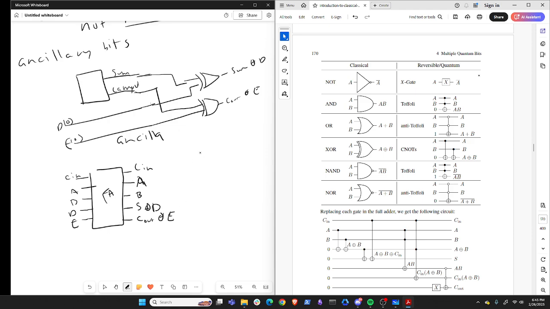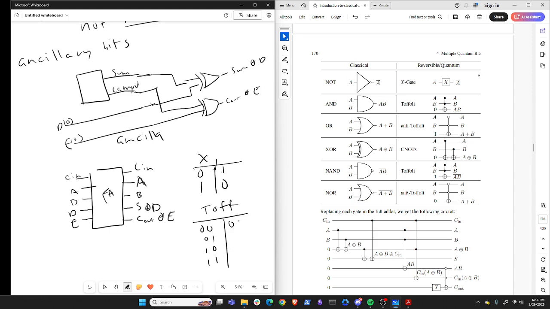So X is reversible because no matter what comes out, we can tell what went in. If it's a 1, we know it was state 0. If it's 0, we know it was in state 1. The Toffoli gate, we can tell that as well. We have 2 qubits, 00, 01, 10, 11.